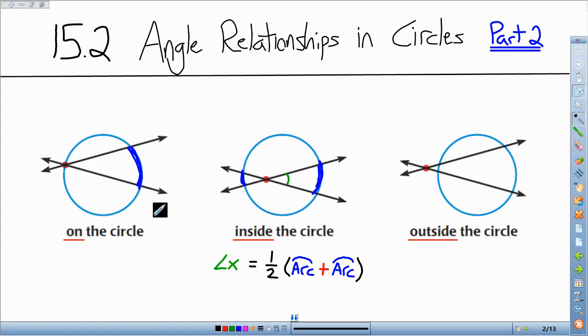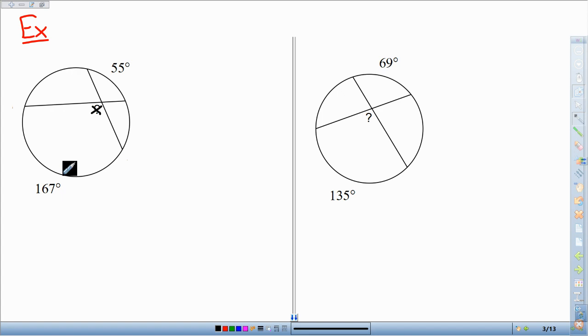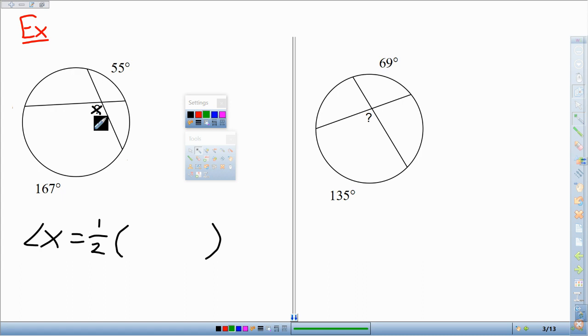When we plug these numbers in, the very first thing we always want to plug in is the angle. Sometimes that will be our variable, and sometimes it will be a number, depending on the problem. On this particular problem, that's our variable, so we'll say angle X equals 1/2 the measure of the two intercepted arcs added together.